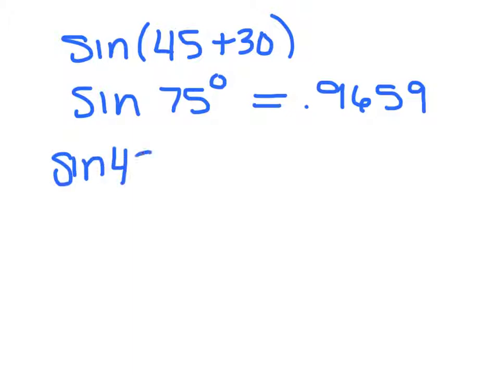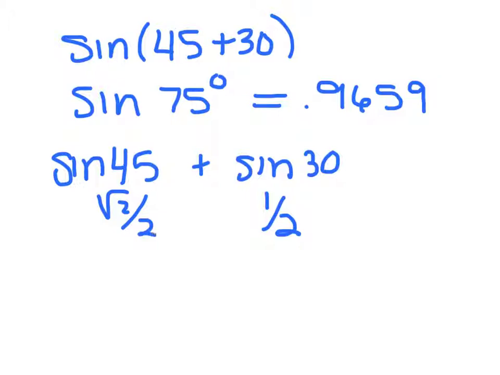Now you would think that if you wanted to find the sine of 75, you could take the sine of 45, which is the square root of 2 over 2, that's 0.707, and the sine of 30, which is 1/2, that's 0.5.